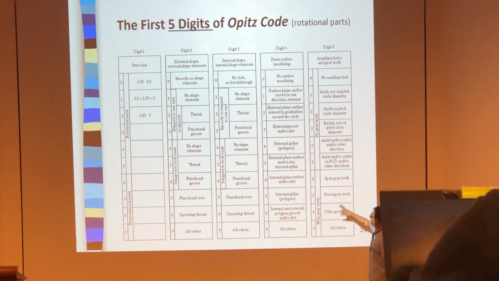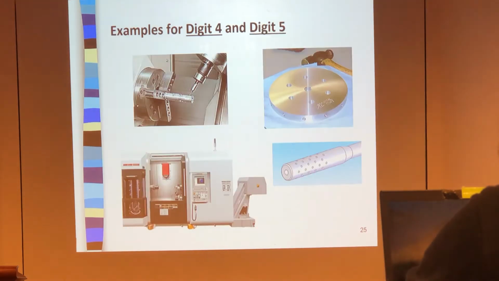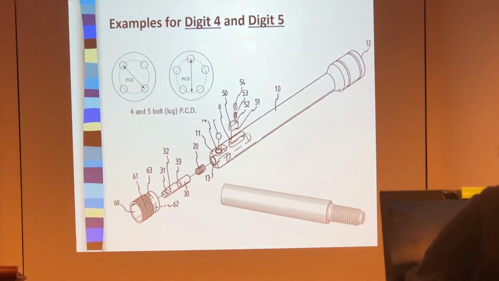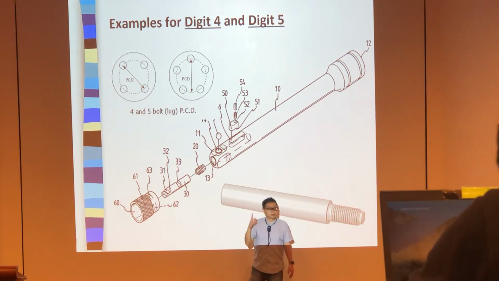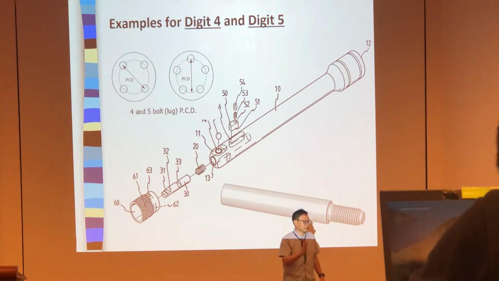And we've got 5 minutes. The things I want to show you are digit 4 and digit 5. Digit 4 means plane surface machining. What's the meaning of this? I'll show you this example, and then you can understand. For this kind of part, this is an external thread. On the right side and left side, there are so-called planes. How do you produce them? The facing operation is quite easy.